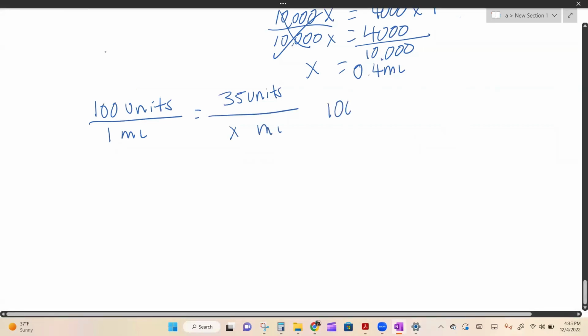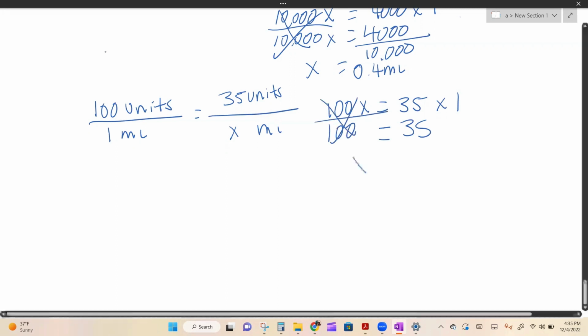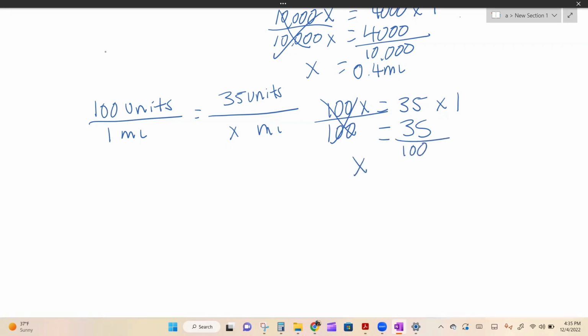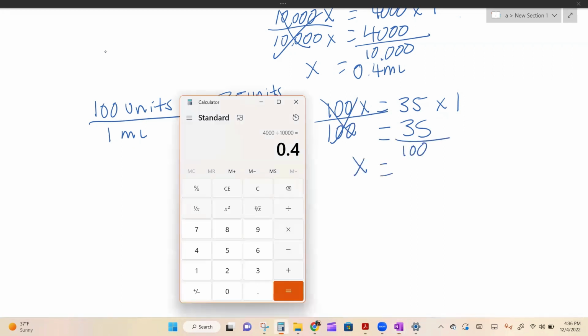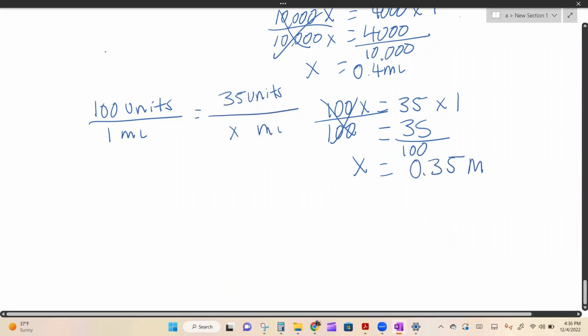So this would be 100x is equal to 35 times 1. 35 times 1 is 35. And we want to divide this side by 100, so we get x alone. We also have to do that to the other side if we do it on one side. So we'll have 35 divided by 100, which gives you 0.35 milliliters.